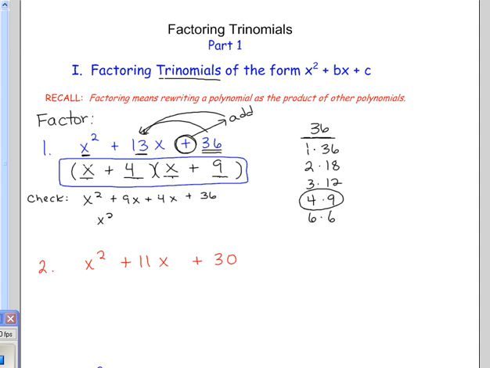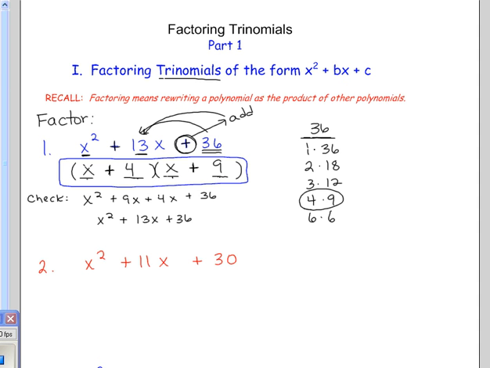And when I combine like terms, I would get x squared plus 13x plus 36, which is the polynomial that I started with. Okay, you can always check your answers on these. The answer must multiply back to equal the exact polynomial that you started with. So as I look at my problem, I notice I have a plus and a plus here. If my signs are both positive, then they will both be positive in my answer.